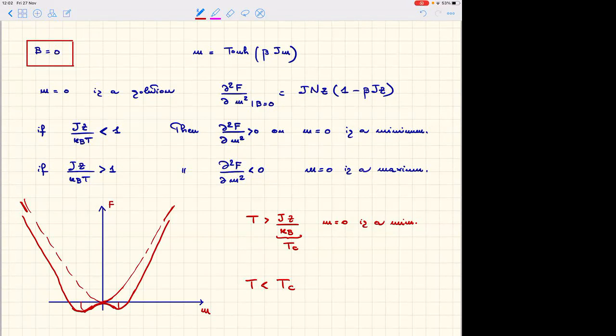In other words, there are solutions in which the magnetization is not equal to 0. And the fact that there are solutions for which the magnetization is not equal to 0 implies that the system becomes a ferromagnet.